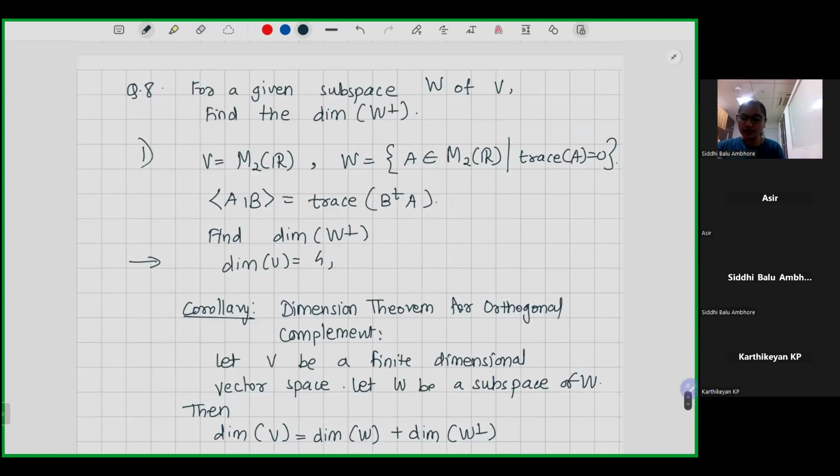So this corollary actually saved us a lot of time in explicitly finding that, because the inner product was not quite easy, if you see.